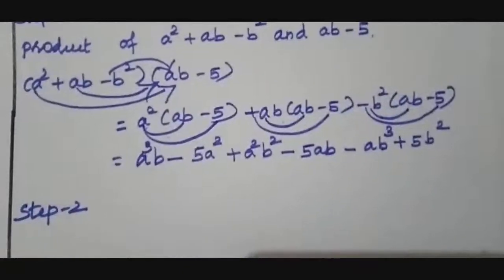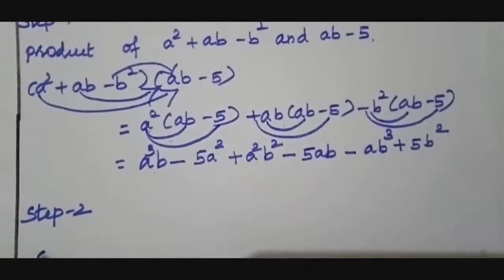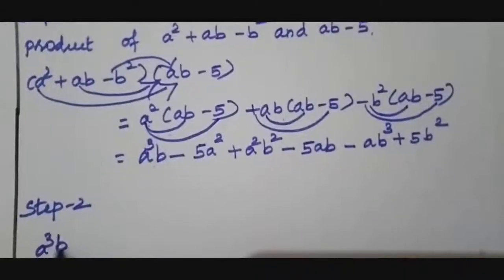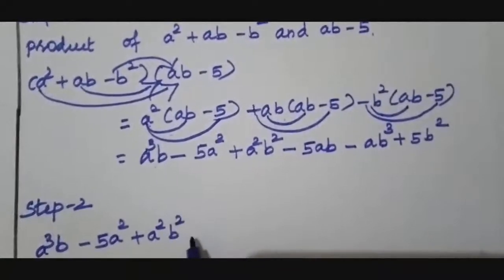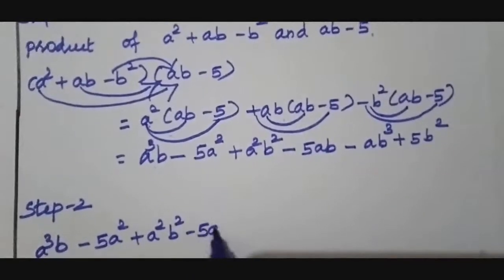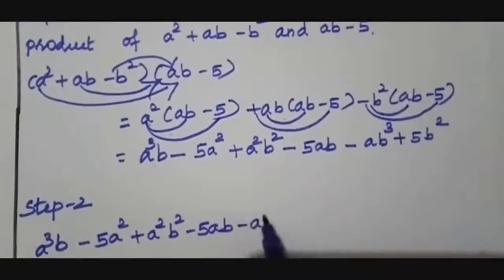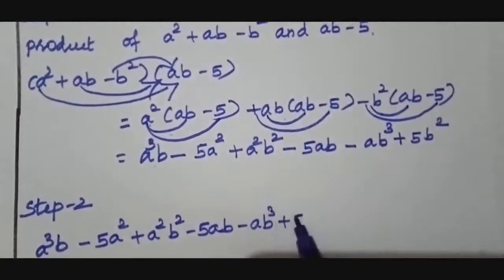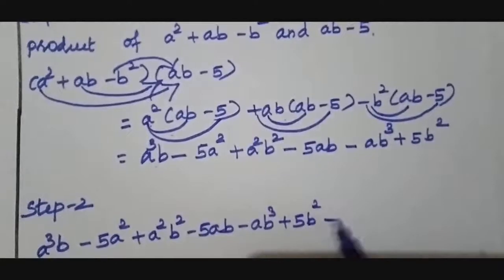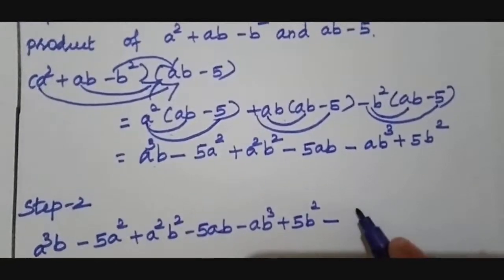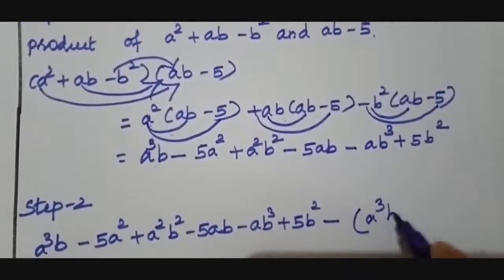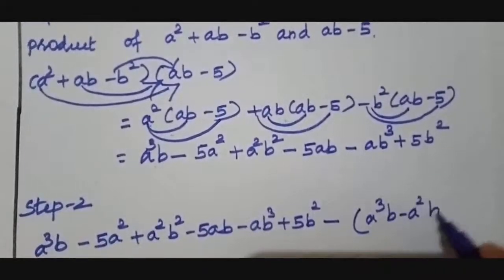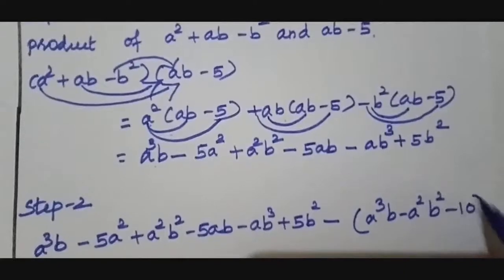So now your step 2 is step 1 answer, that is a cube b minus 5a square plus a square b square minus 5ab minus ab cube plus 5b square, minus the second expression, a cube b minus a square b square minus 10.